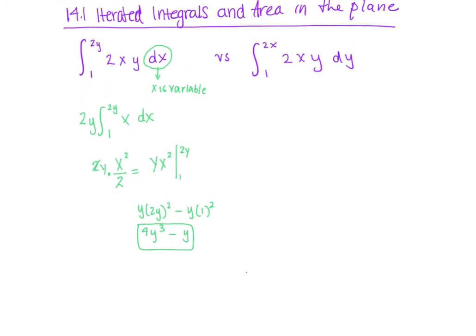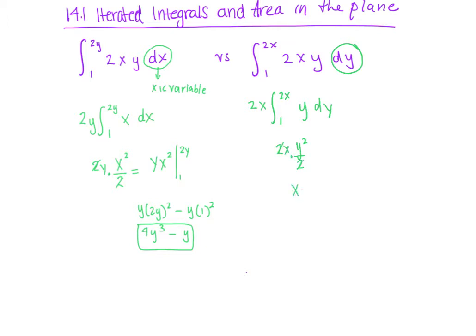If I look at the second example, now I'm evaluating it with respect to y. So x is my constant. So I'm going to take out the 2x, and I'll have 1 to 2x of y dy. The integral of y is y squared over 2 times your 2x, so the 2's cancel.